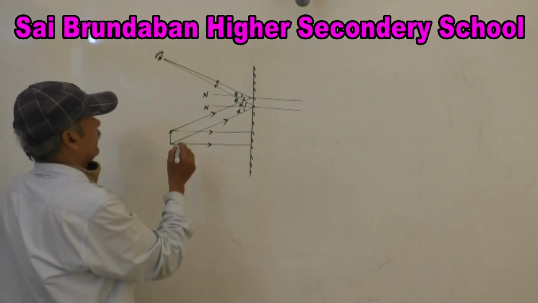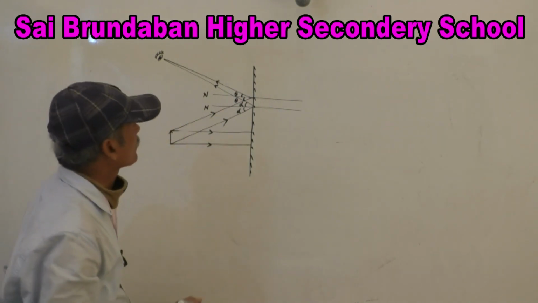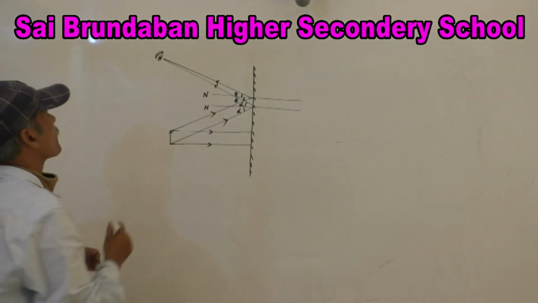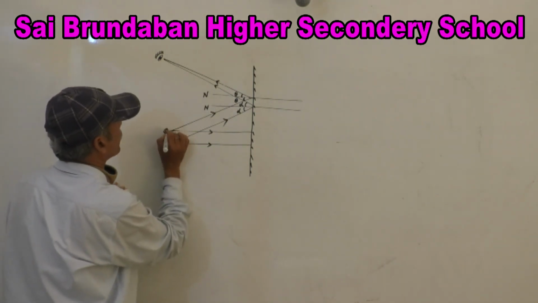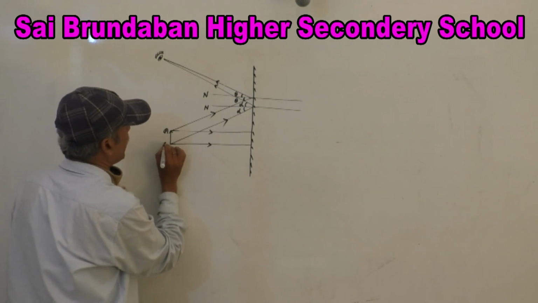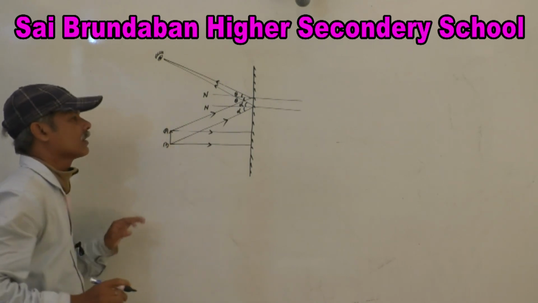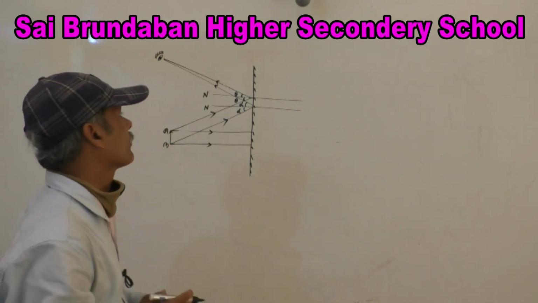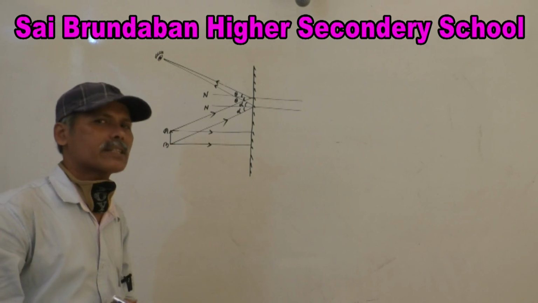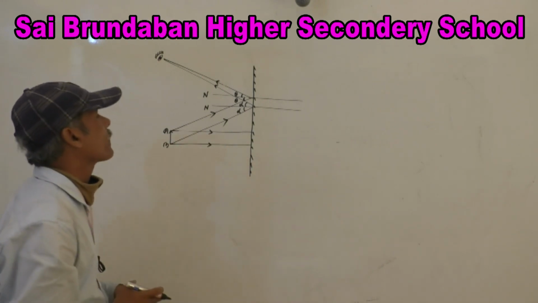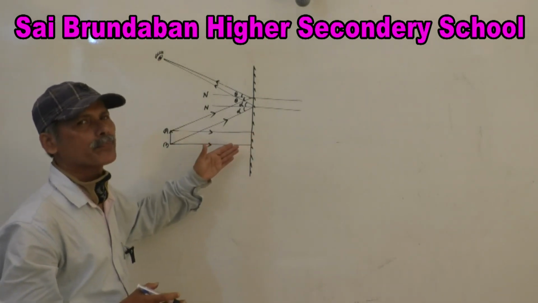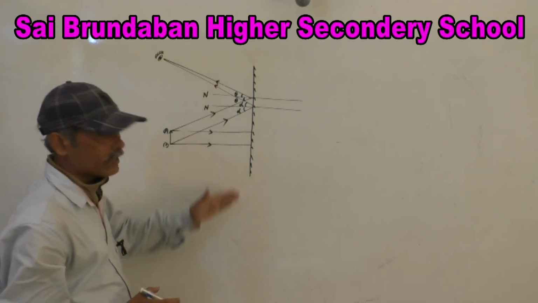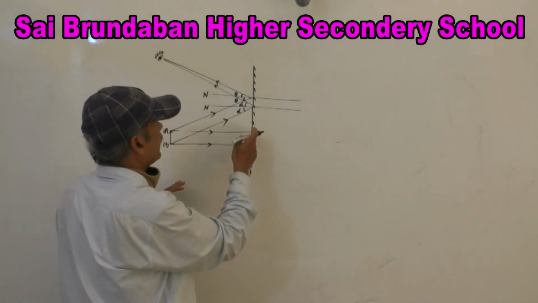You see two incident rays. This is a line object AB. From A, there are two incident rays propagate and strike the plane mirror at two positions.